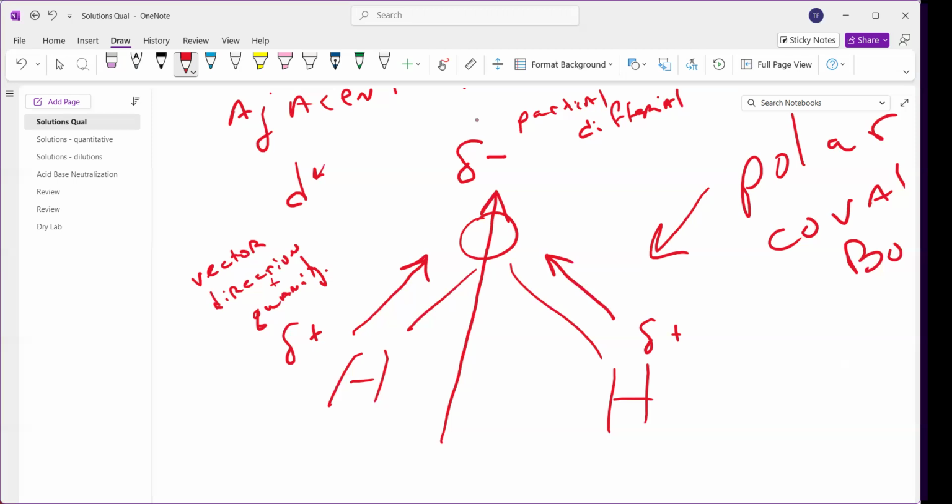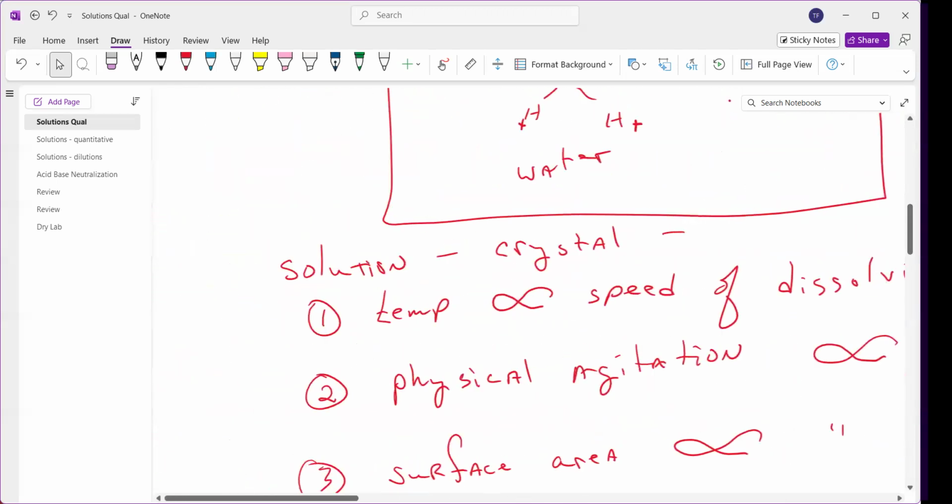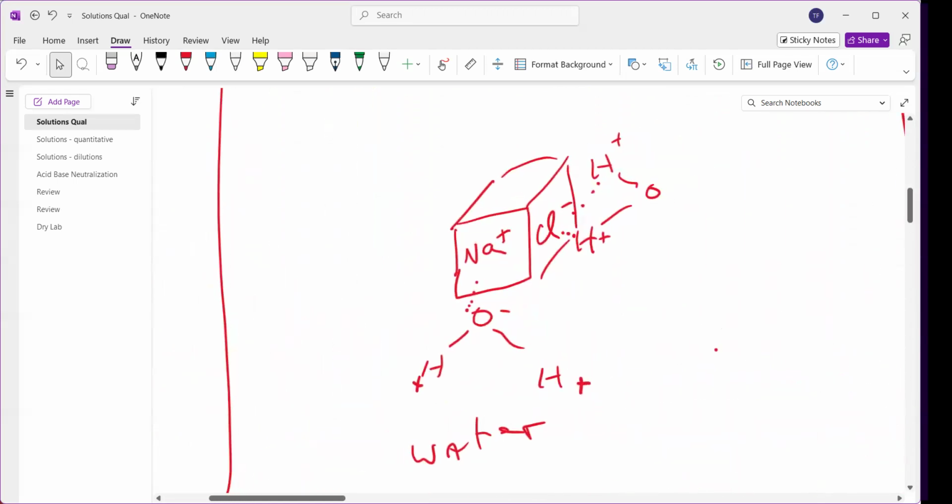Okay, so back to salt and water. All right, so here's our salt crystal made up of ions, sodium ion, chlorine ion, or chloride. Now what happens is we have water surrounding that crystal. And remember we talked about temperature?